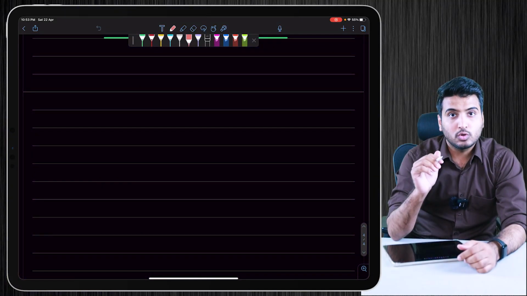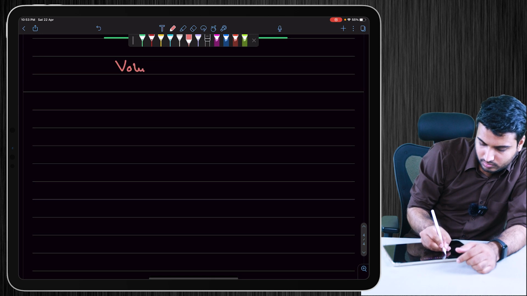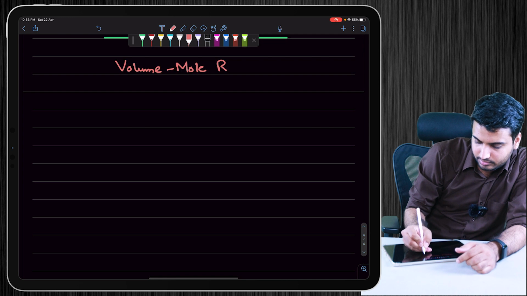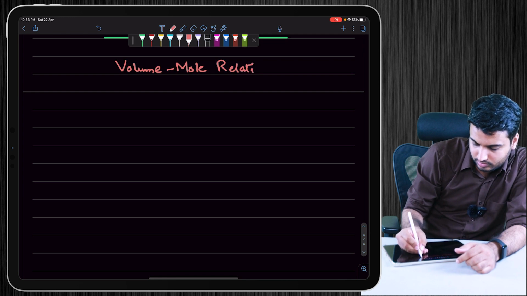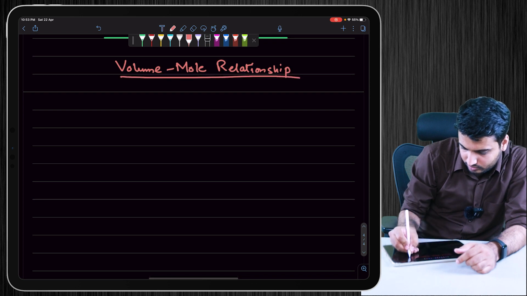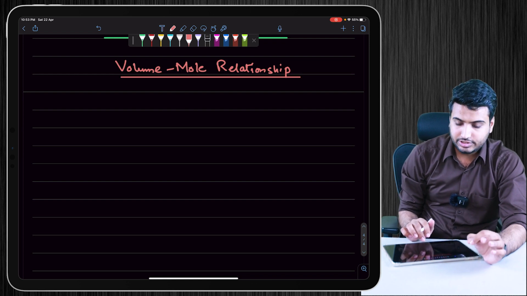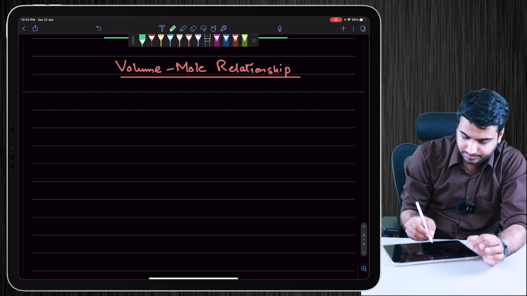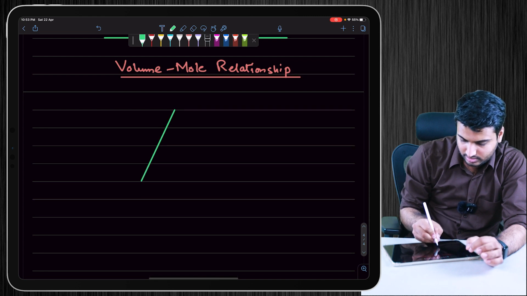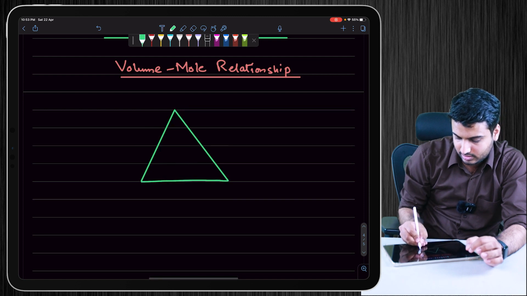Now we are going to discuss the volume mole relationship. In the volume mole relationship, the triangle is like this.